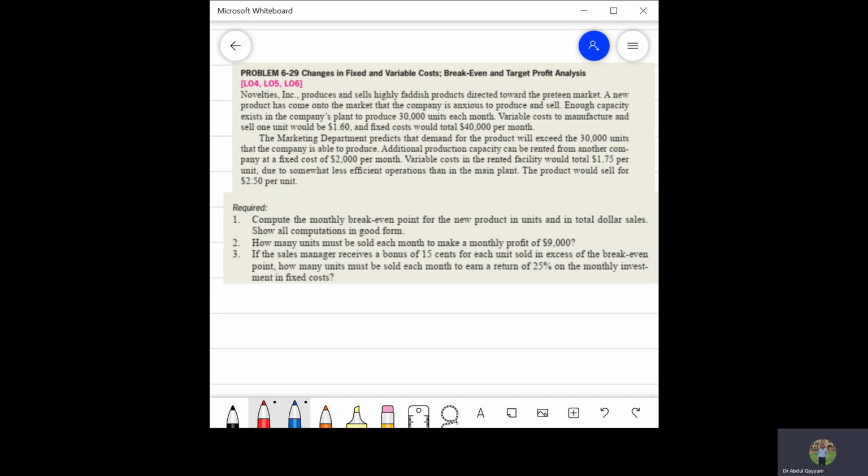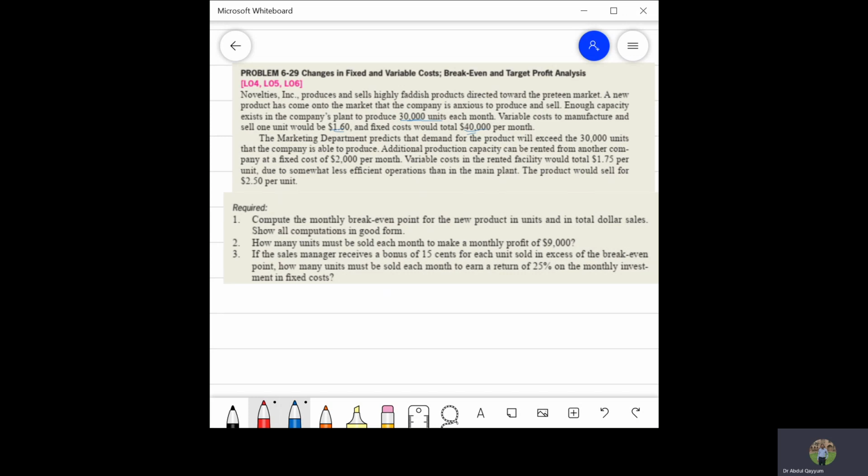Enough capacity exists in the company's plant to produce 30,000 units each month. So this is the existing capacity. Variable cost to manufacture and sell one unit would be 1.60 and fixed cost would total 40,000 per month.